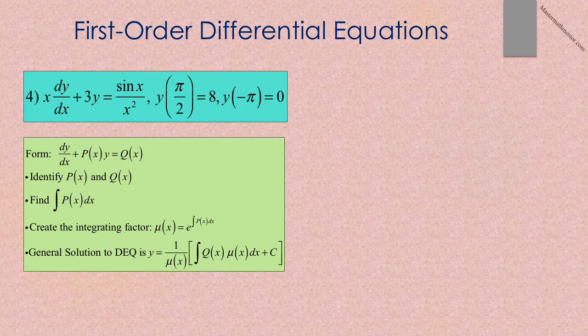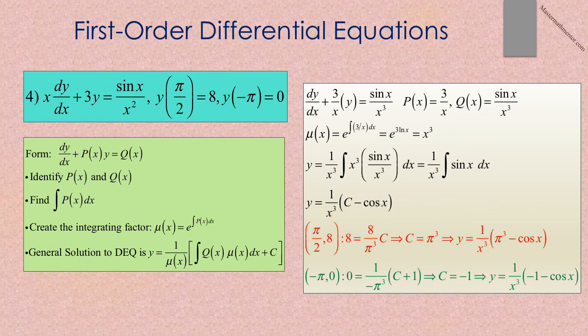In number 4, we would like to solve the differential equation x dy/dx plus 3y is equal to sine of x over x squared. We'd like to find the general solution and then the particular solutions given the fact that y of pi over 2 is equal to 8 or y of negative pi is equal to 0.